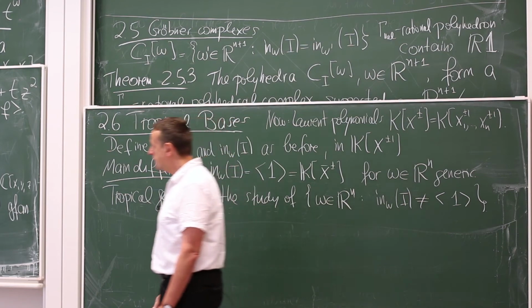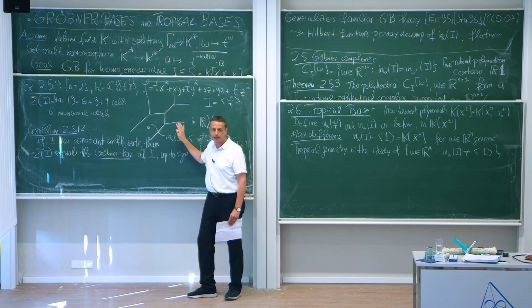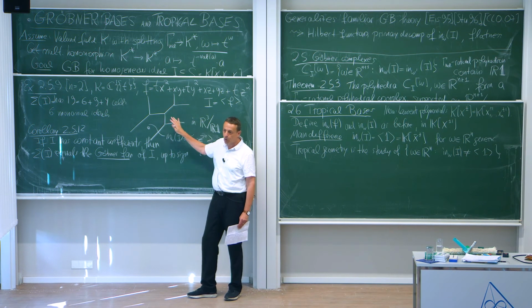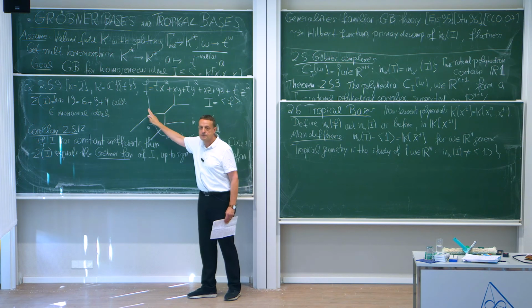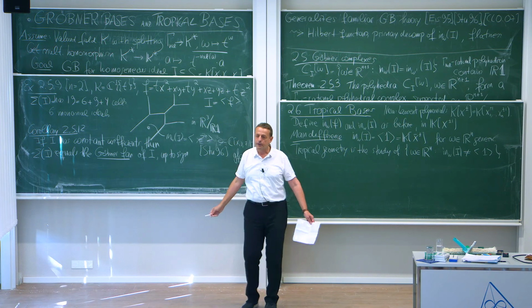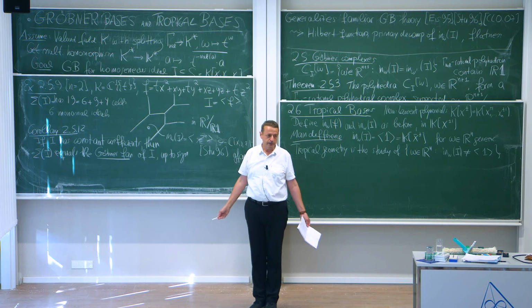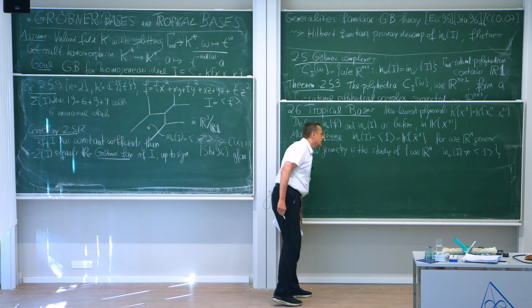So in tropical geometry, we're not interested in these open dense regions. If I pick my W at random and I'm in this open dense region, in the Laurent setting I have an initial monomial that's the whole ring. I'm going to be interested in these white things carved out by my beautiful white chalk, where the initial ideal is not the whole ring. That's what I'm going to be interested in. That is the study of tropical geometry.